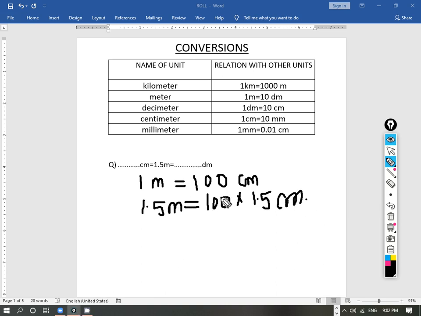So this is how we can find the solution for this type of question.